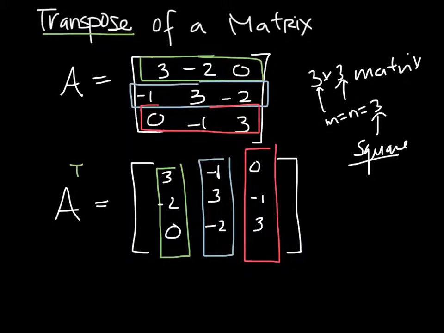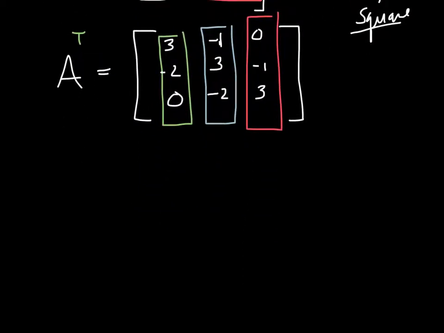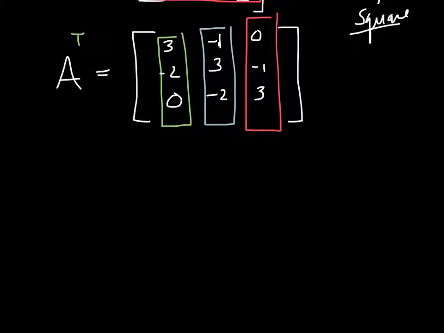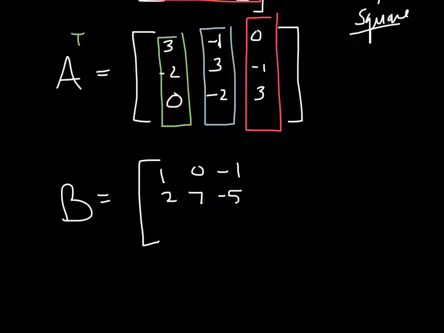But what if it wasn't a square? For example, let's call it B, and let's say my B was 1, 0, -1, 2, 7, -5, 4, -3, 2, and -1, 3, 0.